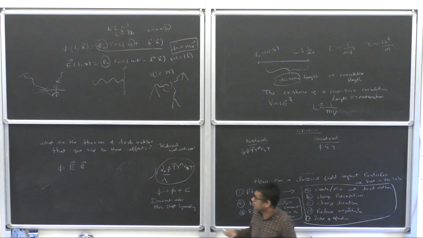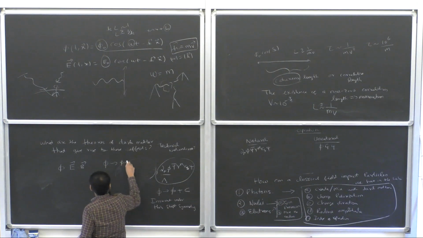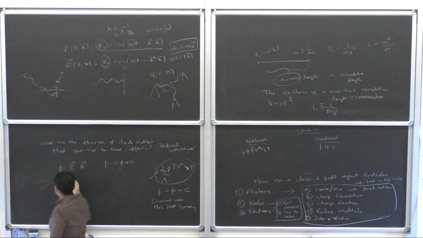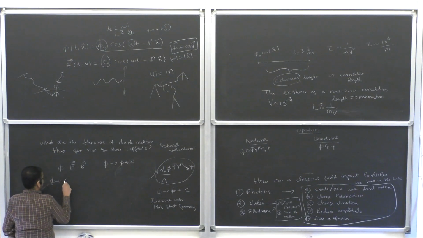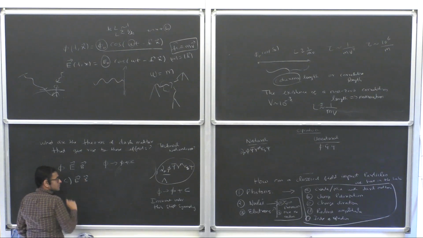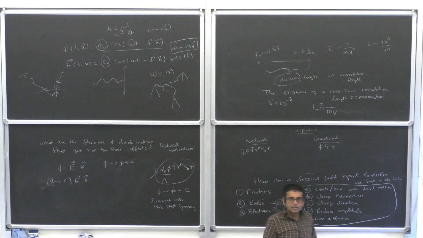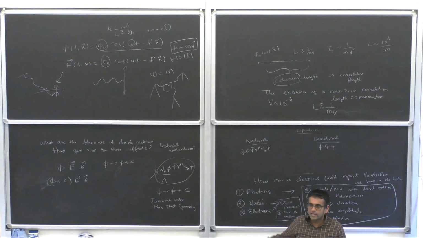No, right? Because clearly, when I send phi to phi plus a constant, that term changes. It goes to phi plus a constant times E dot B. So it looks like it's not shift symmetric, but that's an axion term, right? And everybody in the world loves axions.